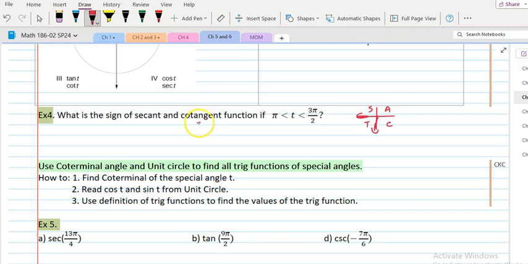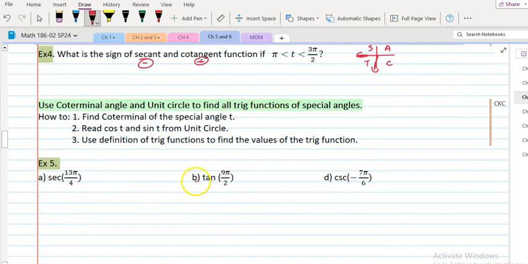So if tangent is positive, cotangent is positive. But secant is negative. Only tangent and cotangent are positive in the third quadrant. So this is what we have. In the next video, we'll look at how you can use coterminal angles to find all values of all 6 trig functions.